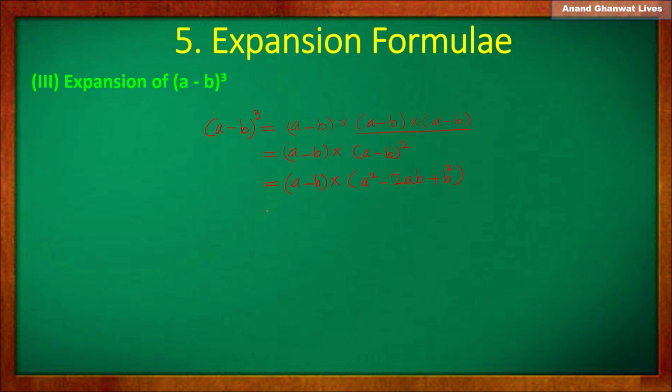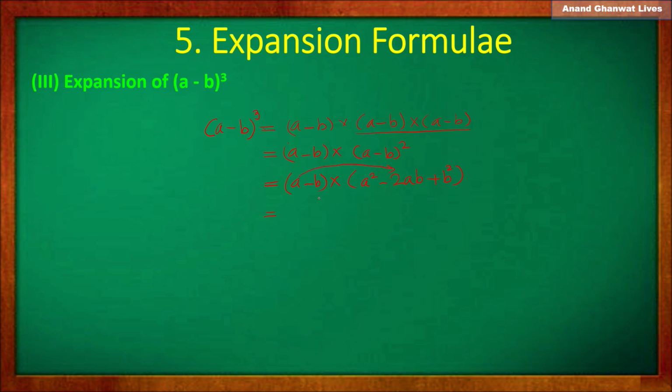Nice. Now here is the multiplication of the binomial with the trinomial. We know how to multiply a trinomial by a binomial. For that multiplication, each term in the binomial has to be multiplied with the given trinomial.